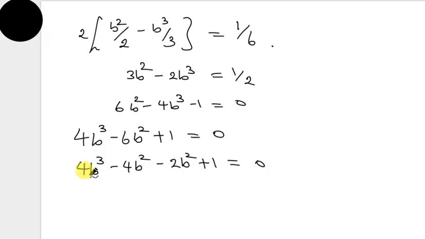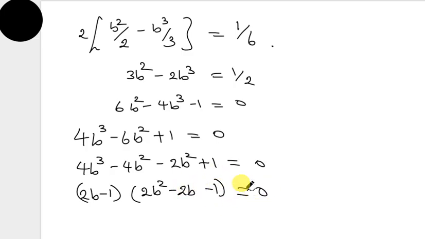This could be rewritten as 4b cube minus 6b squared plus 1 equal to 0. So when I replace this, I can write it as 2b minus 1 into 2b squared minus 2b minus 1 equal to 0.